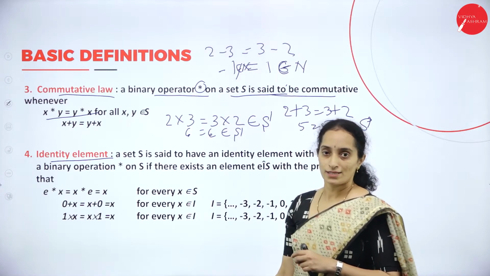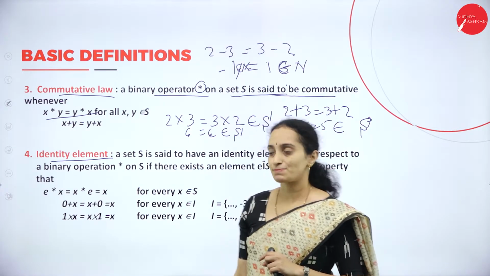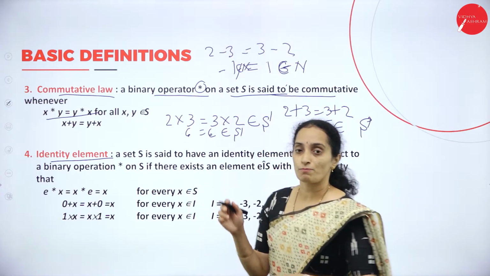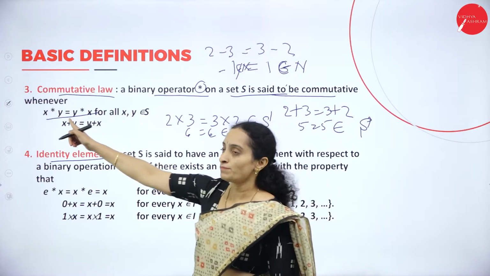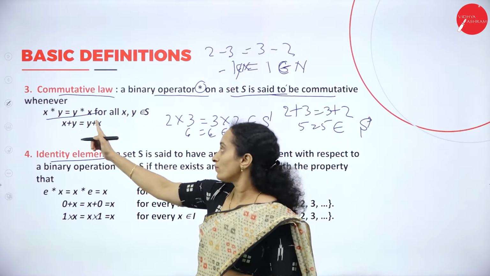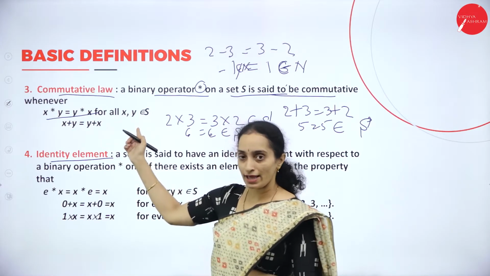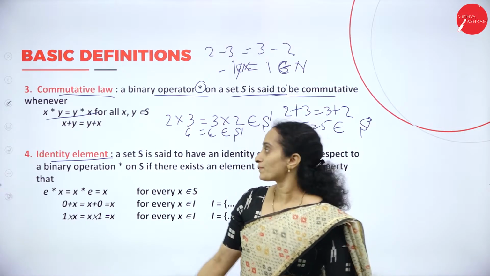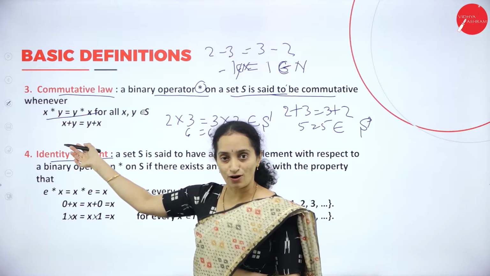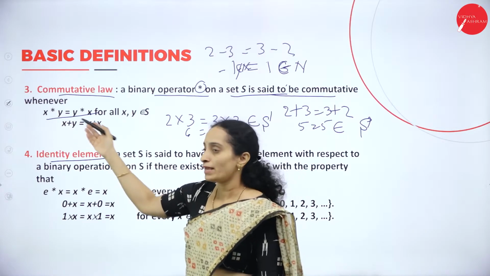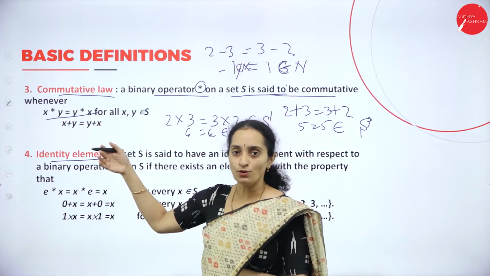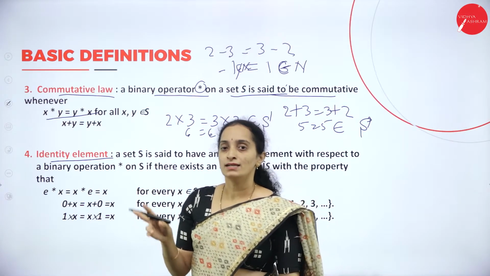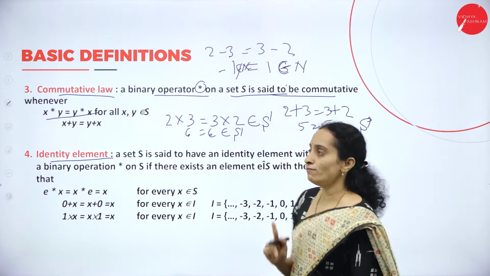So the commutative law on the multiplication operator holds good only when x into y is equal to y into x for all x and y belonging to S. Yes, it holds good for the plus operator also, x plus y is equal to y plus x. Whenever there is a reverse, it will be a commutative law.